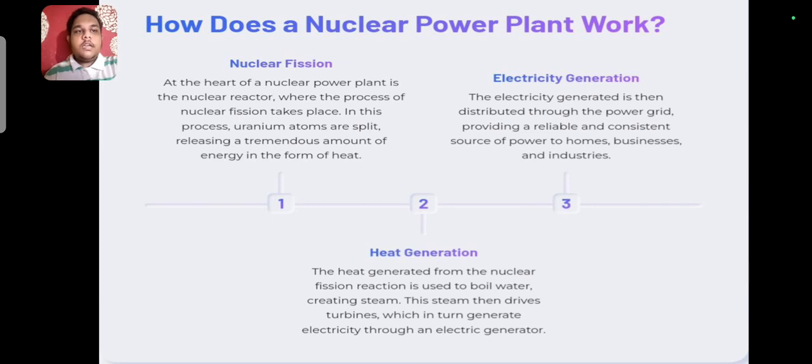The heat generated from the nuclear fission reaction is used to boil water, creating steam. This steam then drives turbines, which in turn generate electricity through an electric generator. Electricity generation. The electricity generated is then distributed through the power grid, providing a reliable and consistent source of power to homes, businesses, and industries.